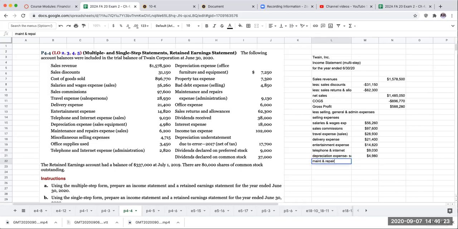Maintenance and repairs, again for sales, was $6,200. Miscellaneous selling expenses was $4,715. In terms of office supplies, I'm not going to assume that it was used by the sales department. If there's anything else here, bad debt expense.